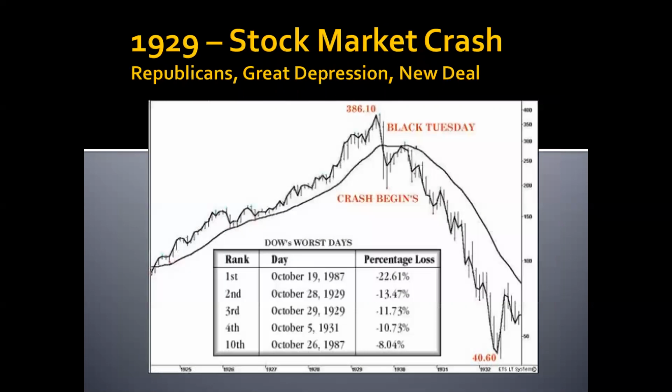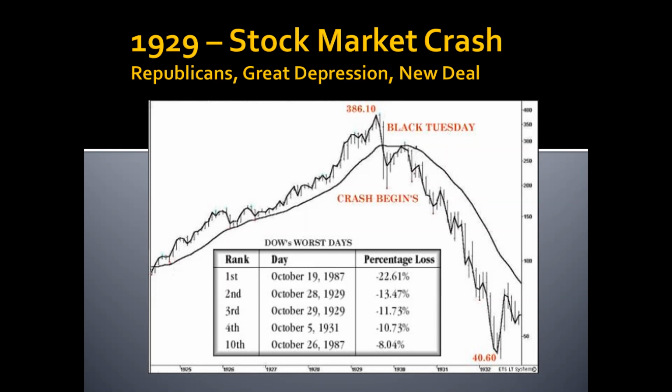This leads us to 1929. So during the 1920s, we also have a booming economy. While all of these societal changes are happening, we also have that booming economy where everything seems to be doing really, really well.